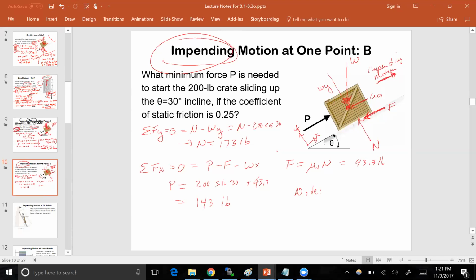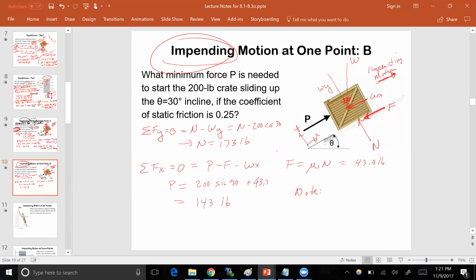If the friction force needs to be bigger to maintain equilibrium, it can't, and so it will start moving. Yeah. So in this situation, if we're pushing at 142 pounds, what's going to happen? No, we're not pushing enough to get it to move yet, because the friction force is just going to be a little bit smaller.